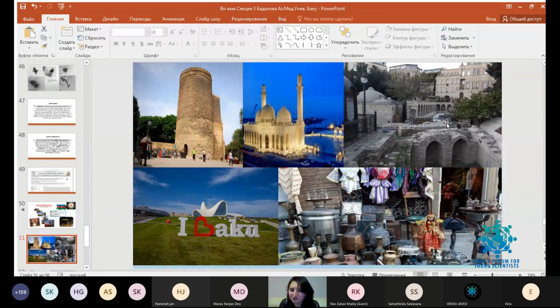Baku has an inner city and a modern city. This is our modern city, and that is the inner city.